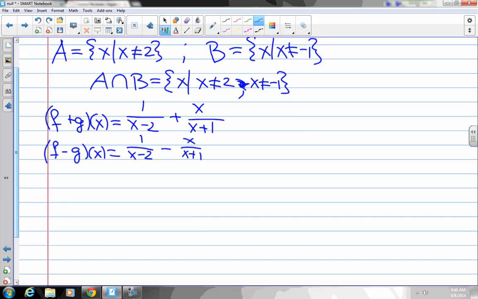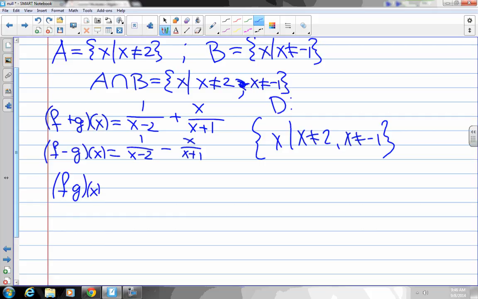Yeah, so it's right there. We already found it, right? That was the whole purpose there. So the domain for all of them is all x's, so x is not equal to 2, x is not equal to -1. If I ask you to find the product, it'll be the same idea.